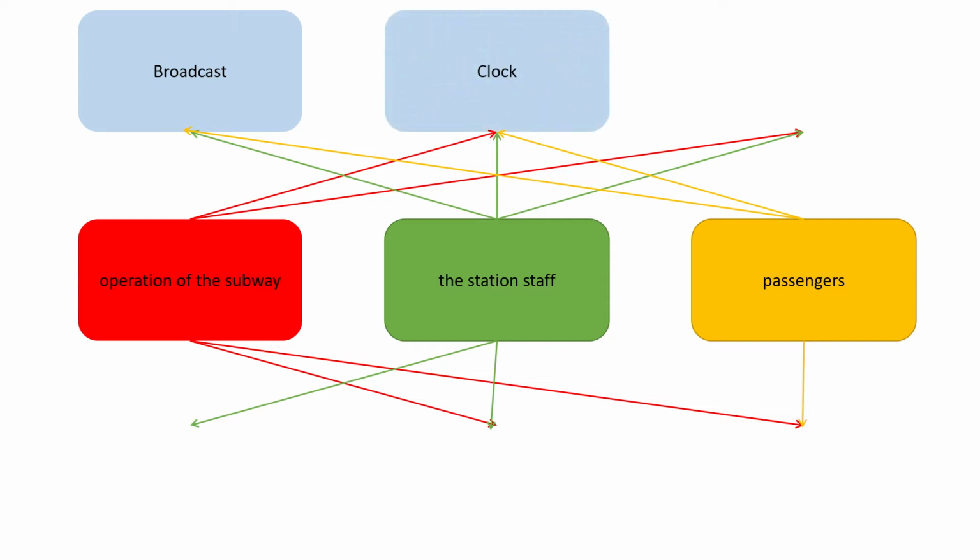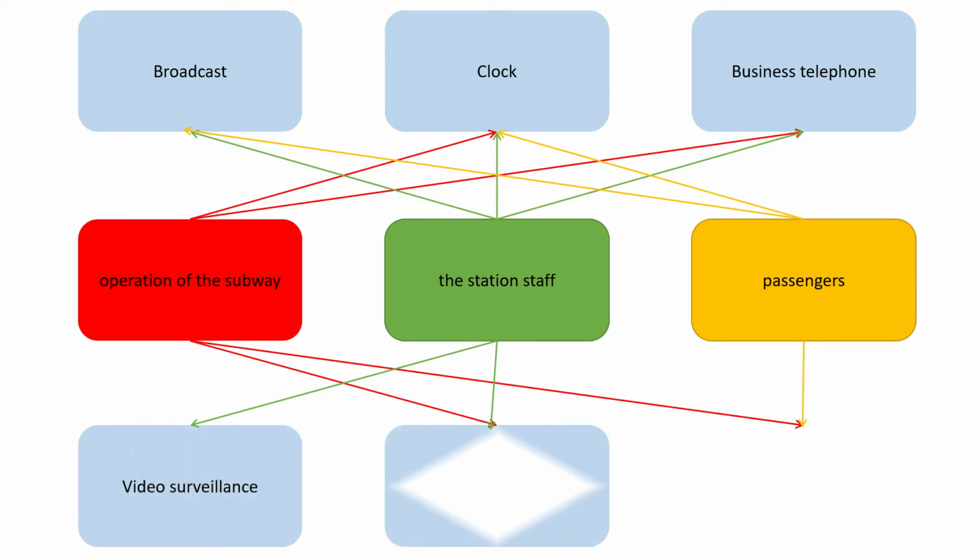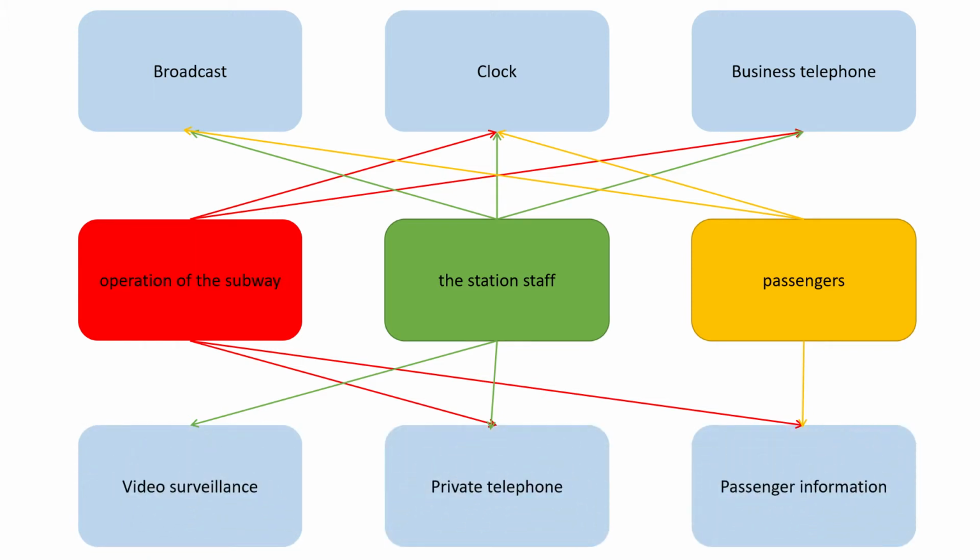The next one is the clock. I think all of the subjects need the clock. And there are many other functions such as business telephone, video surveillance, private telephone, and passenger information. I will illustrate them in the next part.